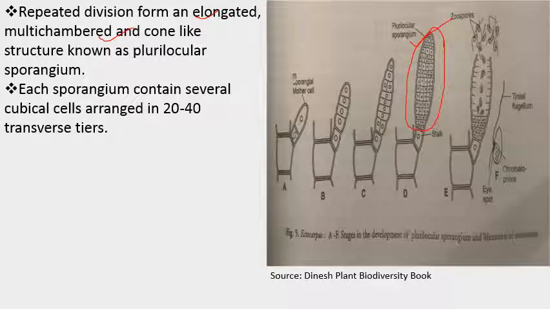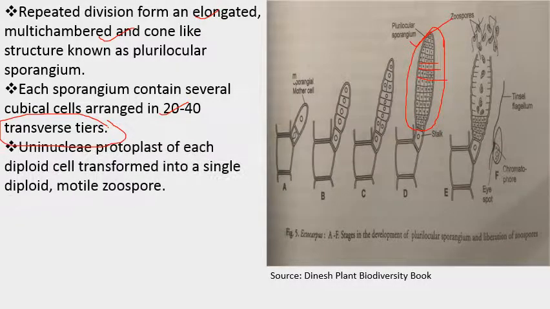So this is known as plurilocular sporangia. And each sporangium contains several cubical cells, which may be 20 to 40 in transverse tiers. So that is how many there can be. In transverse tiers we can see stacks, 20 to 40 stacks. Then the uninuclear protoplast is metamorphosed and transformed into a single diploid motile zoospore, which is a biflagellate structure like this one.